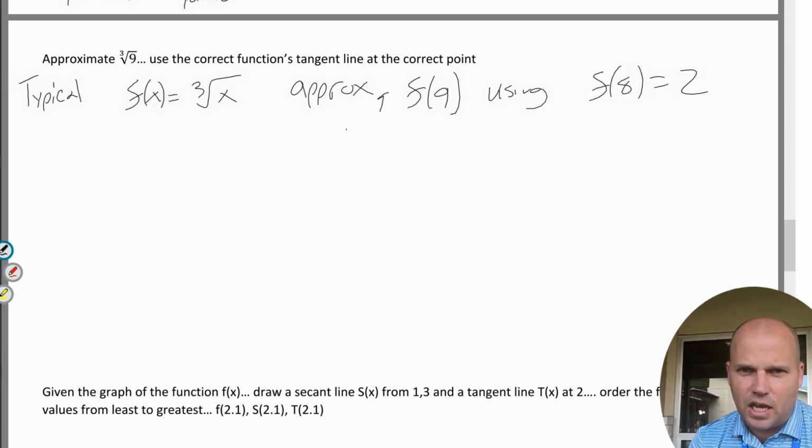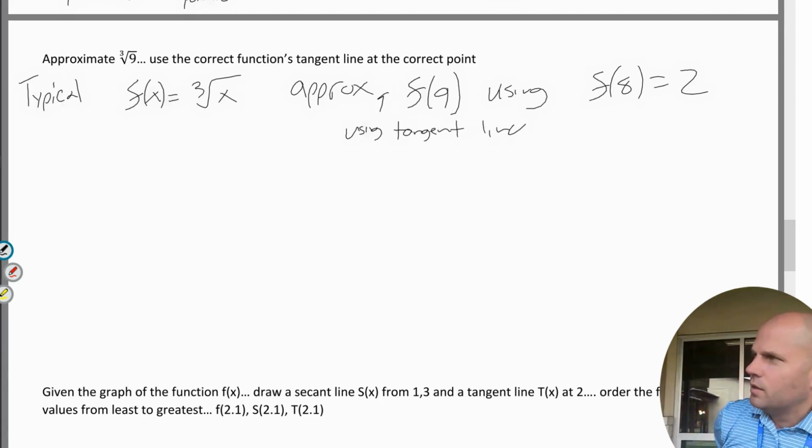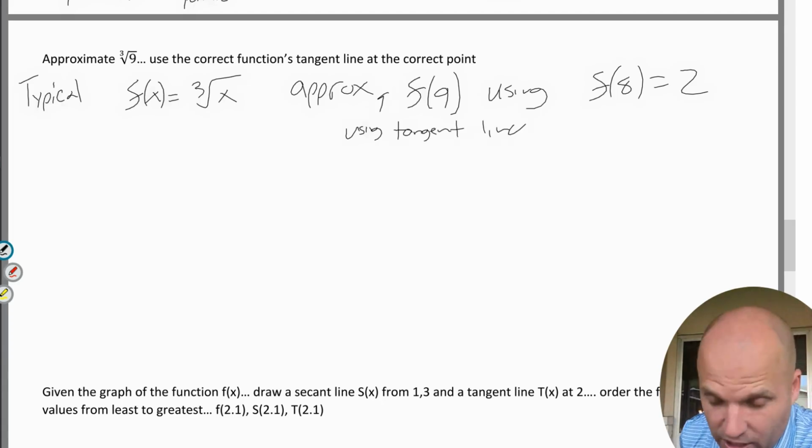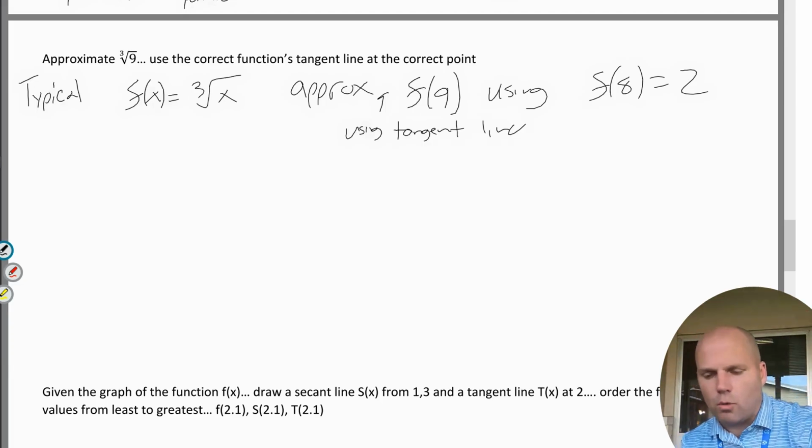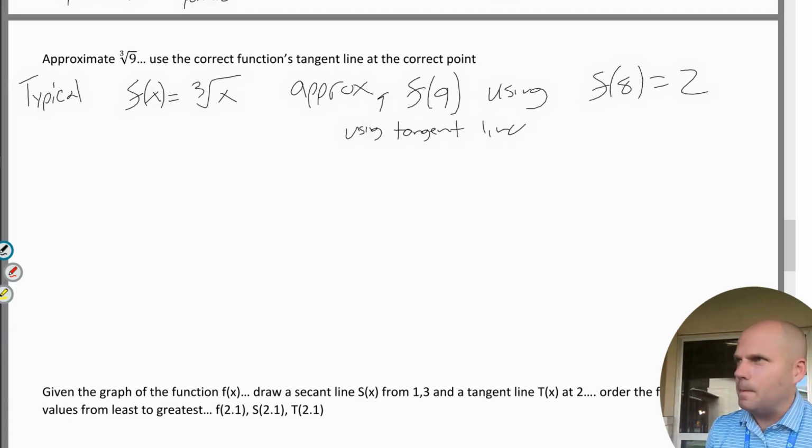Approximate using a tangent line. If you take a college calculus class, you'd be responsible for making sure you know what you're talking about, know where you're looking, and so it makes sense. But on the AB exam, they usually spell it out.